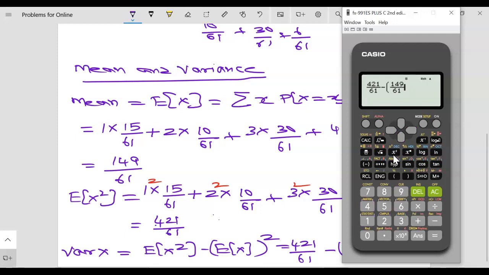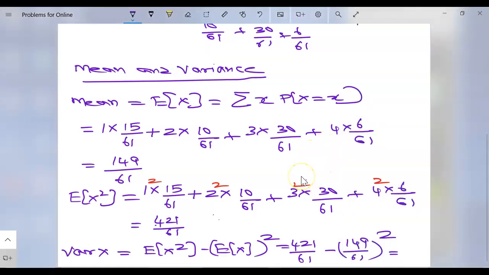Now close the bracket, whole square. So this is what I get. So the answer is 0.935, or whichever form you can write. That's it, 0.935. This is the end of the problem.